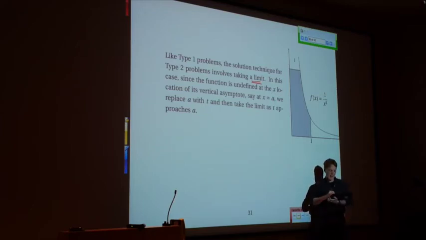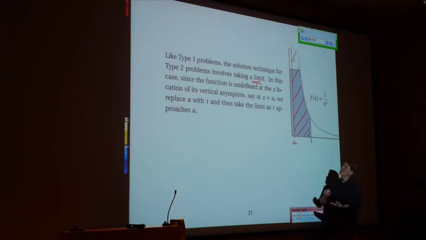What we're going to do now is define a new point A, and we're going to talk about the area from A to 1. And the whole point is that the area on the interval A to 1 will be finite.